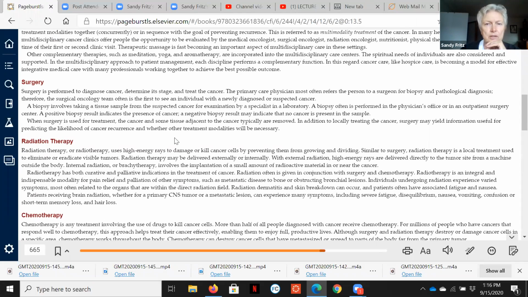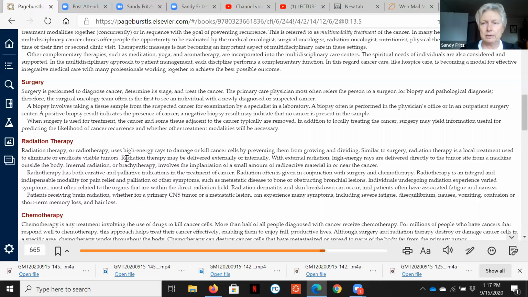So the focus here is to remove as much of the aberrant cells that are not behaving. They are moving around, and that's metastasis, and or crowding out or replacing functional tissue. And sooner or later, if it goes unchecked, then there's going to be interference with the ability to maintain homeostasis.